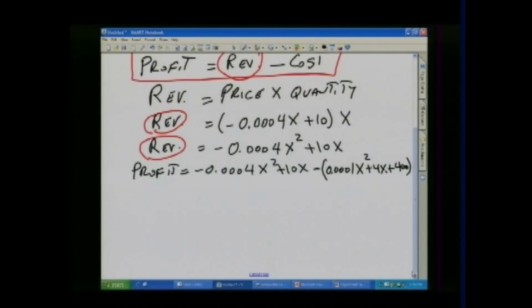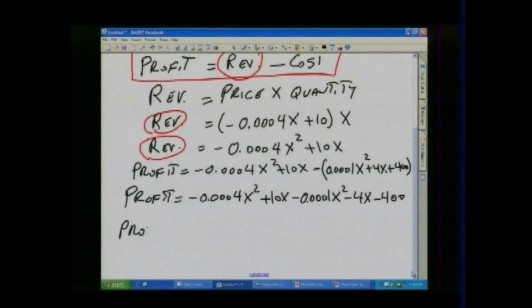If you simplify, equal to minus 0.0004x squared plus 10x minus 0.0001x squared minus 4x minus 400.